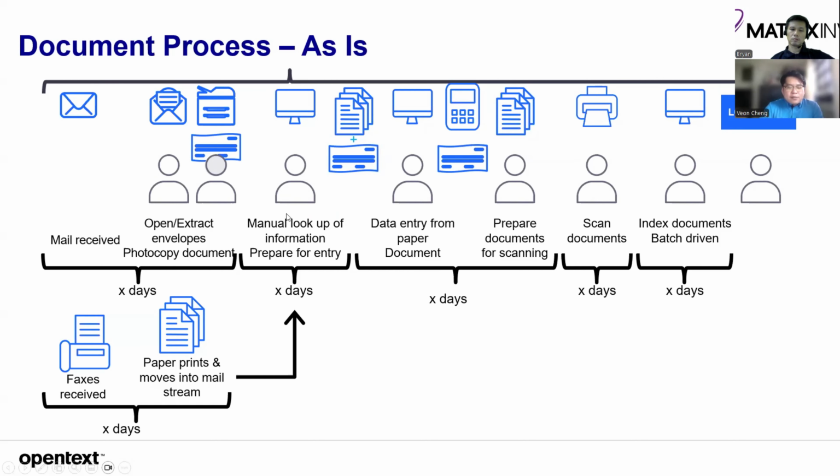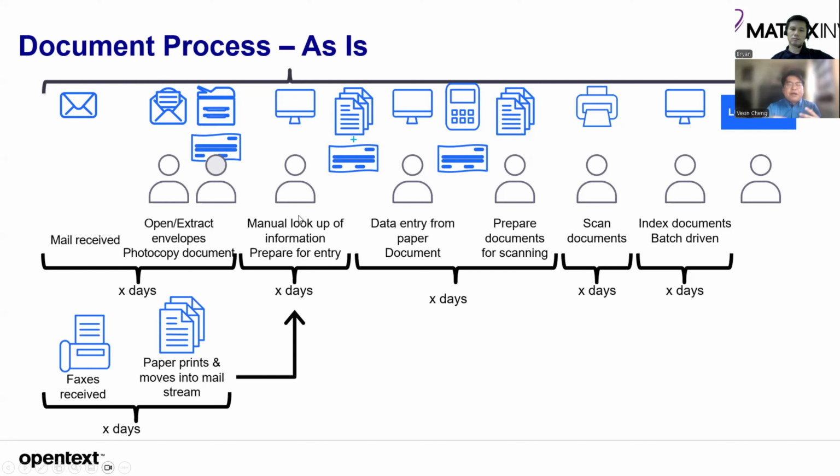Before customers onboard to our solutions, you can see in the diagram that at the access point, we receive documents from emails, from mail, from fax, or even printouts that customers bring in at the branch. Once they receive it, they pass it to the staff.